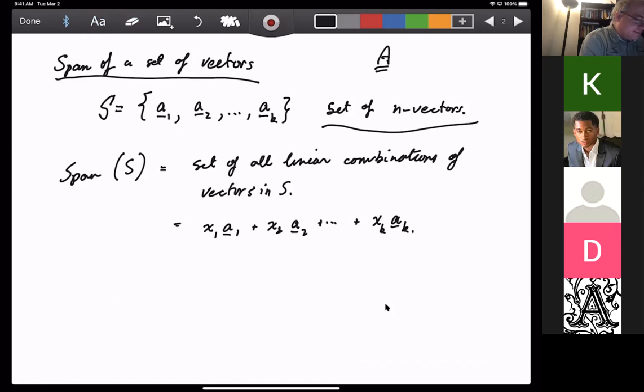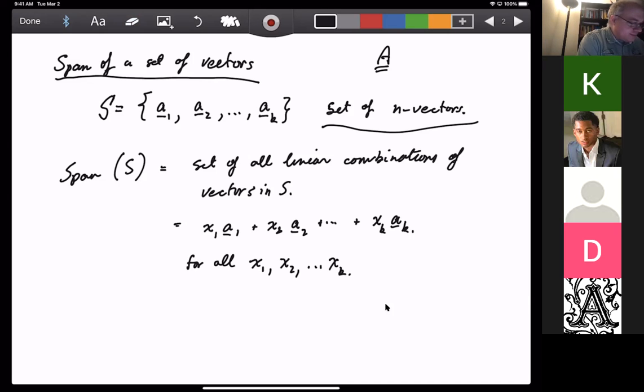All right, so anything that you can get by taking a linear combination of vectors, right? So x1, x2, xk are whatever scalars you want. The set of everything you can build like that is the span of your set of vectors.